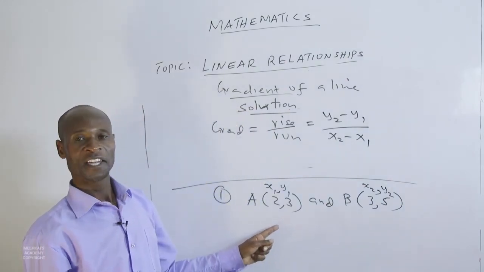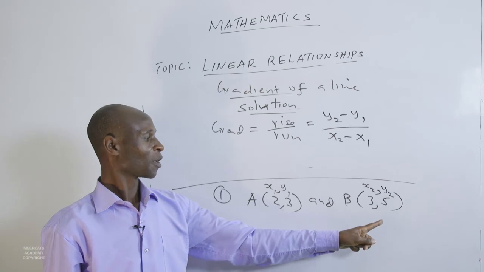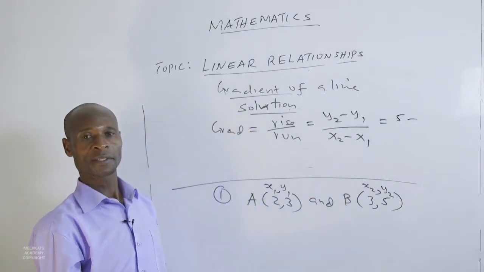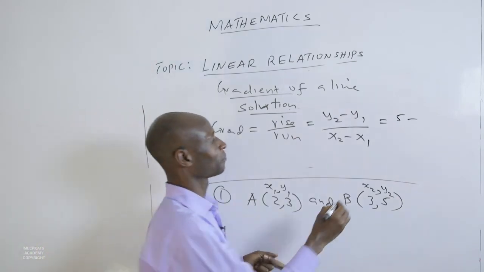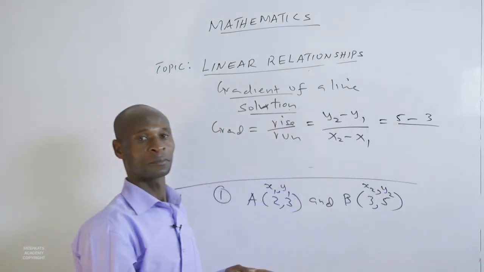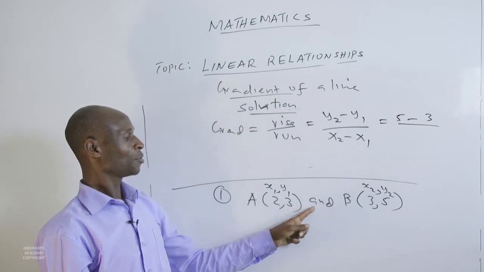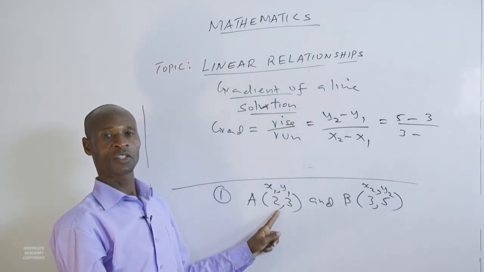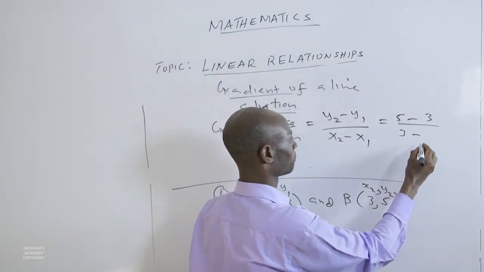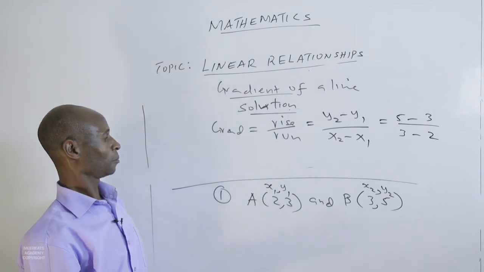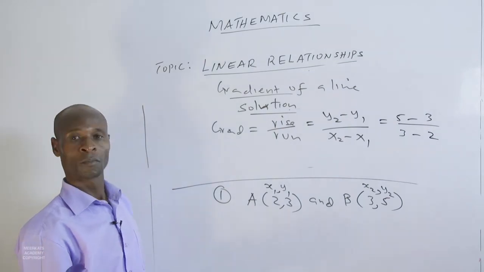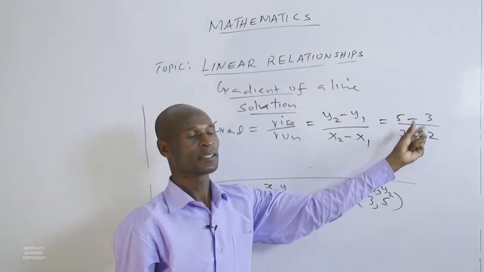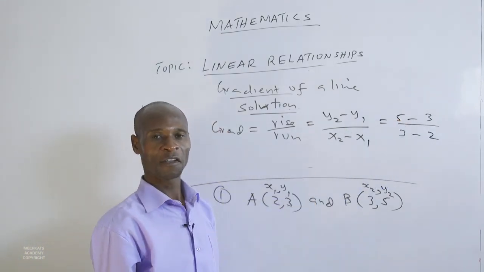So, after assigning, we now substitute. y2 is 5 minus y1 which is 3. x2 is 3 and x1 is 2. Then we simplify the numerator first. 5 minus 3 is equivalent to 2.